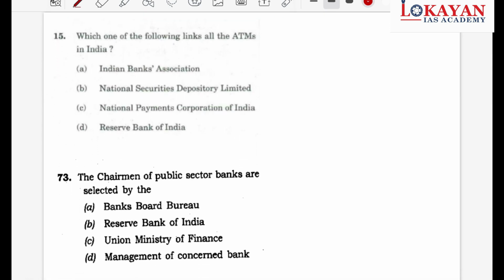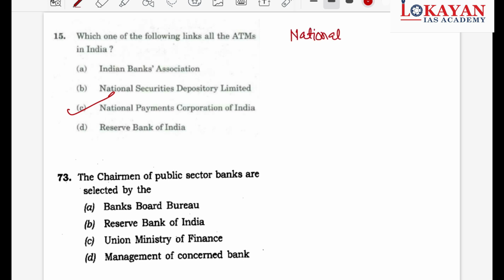Which one of the following links all ATMs in India? Another simple question. The answer is NPCI, that is National Payments Corporation of India. NPCI has various products.